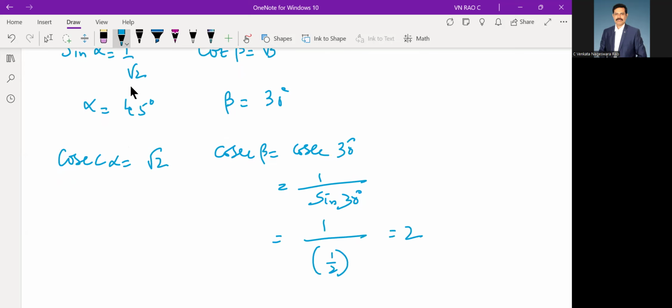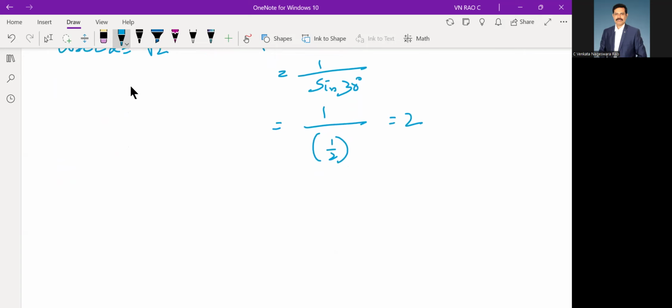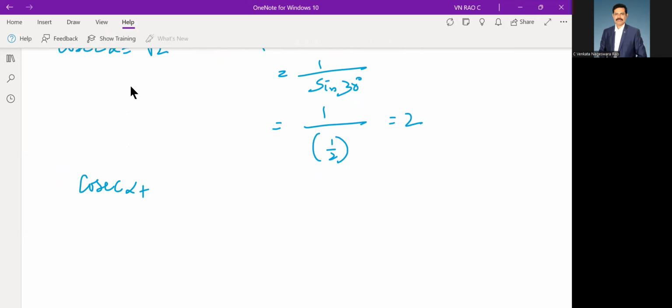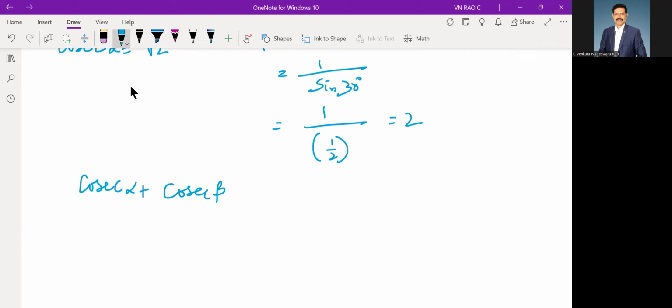Answer is 2. So my total answer, cosecant alpha plus cosecant beta, is square root 2 plus 2. Finished.